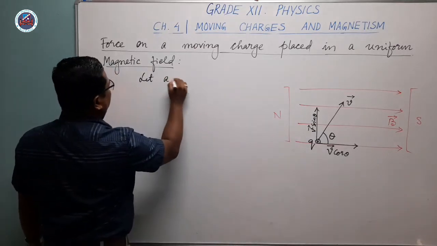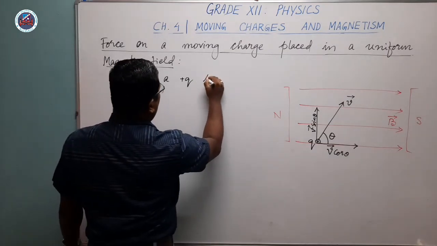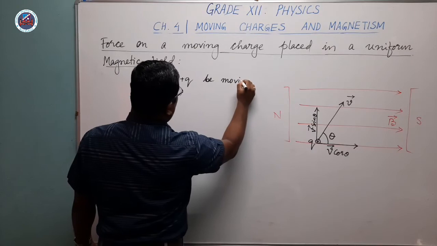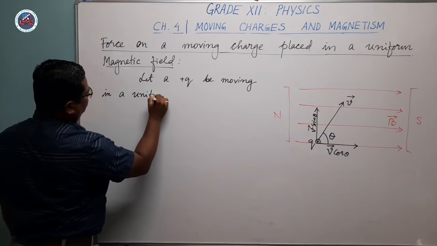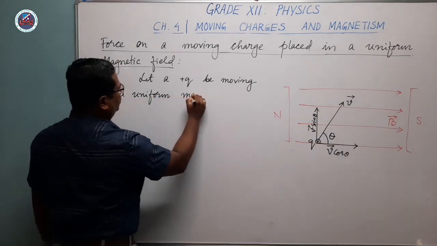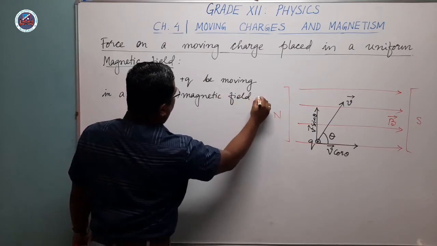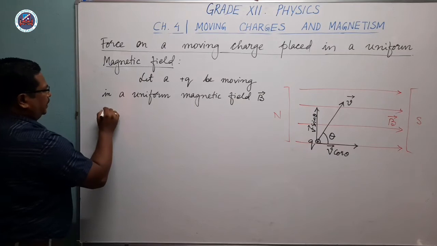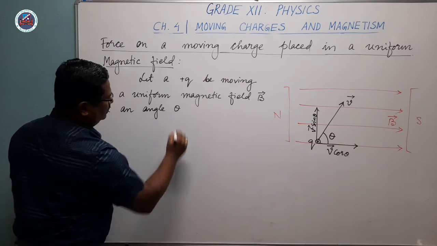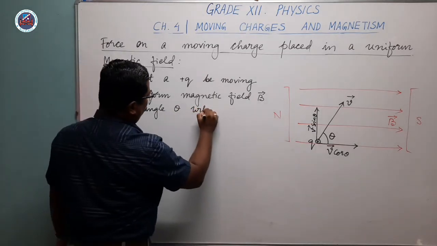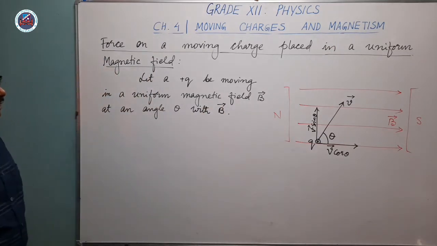Let a positive charge q be moving in a uniform magnetic field B at an angle theta with B, with the direction of magnetic field.